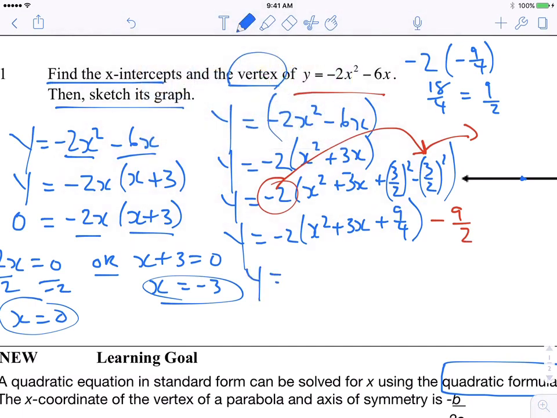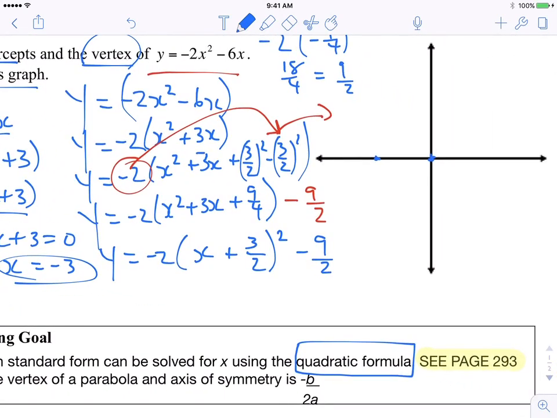Then we have y equal negative 2. We can square root the x, and we're going to square root 9 over 4, which is really 3 over 2, squared, minus 9 over 2, which is really 4.5. So for the purpose of graphing this, you may want to write negative 2 times x plus 1.5 squared minus 4.5.